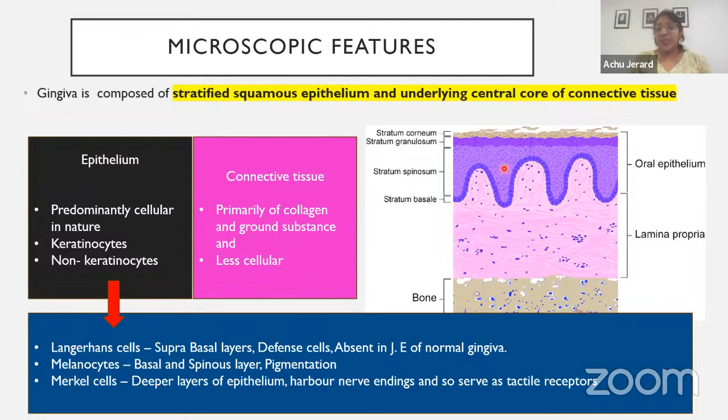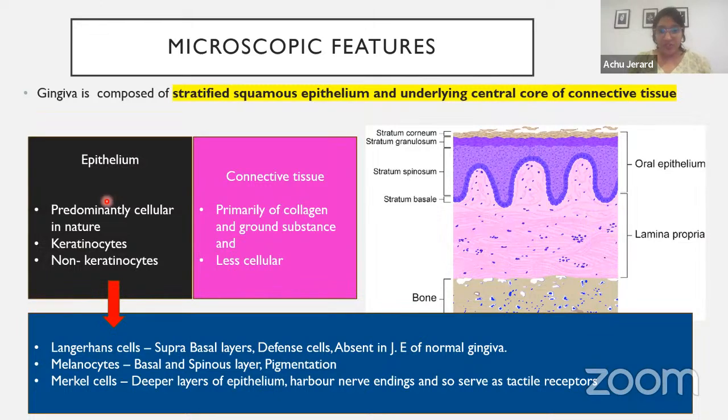This epithelium is highly cellular. You have a lot of cells in it. Mainly keratinocytes, which produce keratin, and also non-keratinocytes are there. What are the non-keratinocytes? Langerhans cells, melanocytes, and Merkel cells. These are the three main non-keratinocytes present in the epithelium of gingiva.